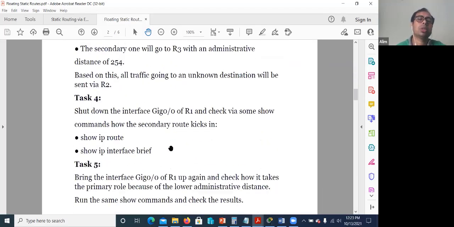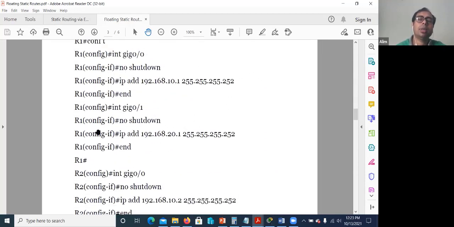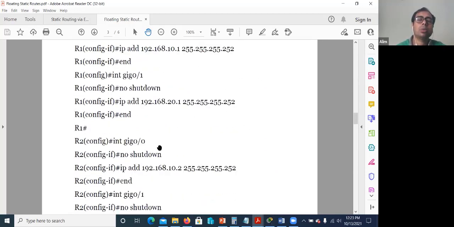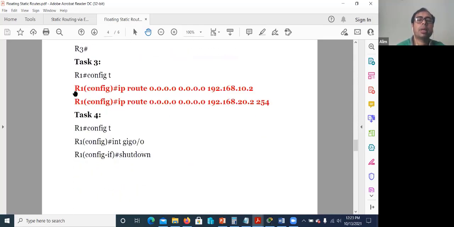So you will use administrative distance. You will put all the interface IP addresses according to this diagram. But look at these two commands, which are important.